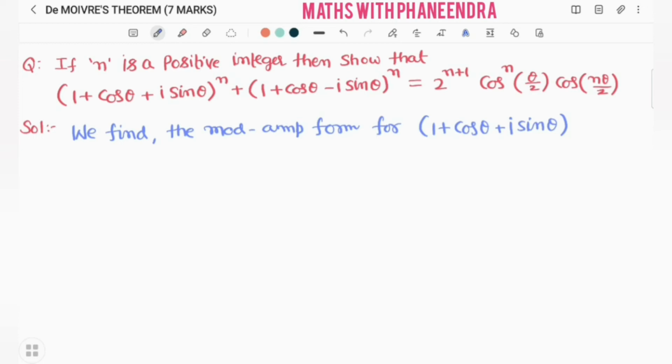See how we are going to write it, in the r(cos theta plus i sin theta) form. 1 plus cos theta plus i sin theta is the complex number.